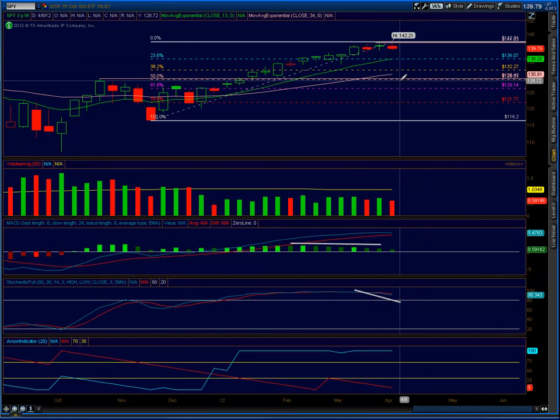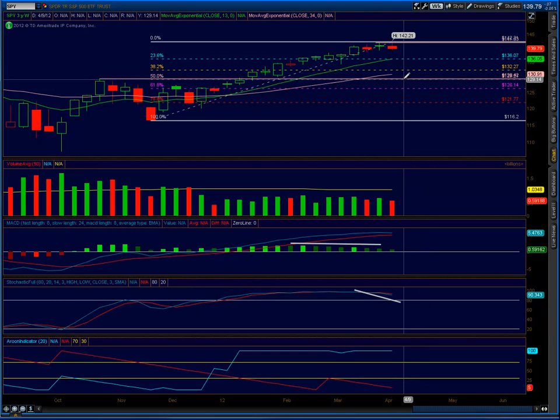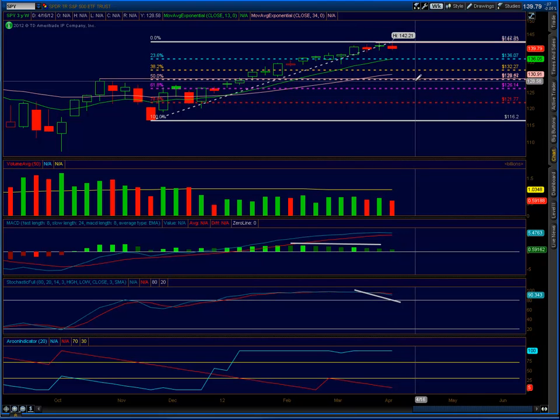It's pretty much the same support where before was resistance, now support. Once we start heading towards those levels, this 34-day moving average will flatten out, and it also will coincide with this 50% retracement. So that's a pretty good target for the SPYs.